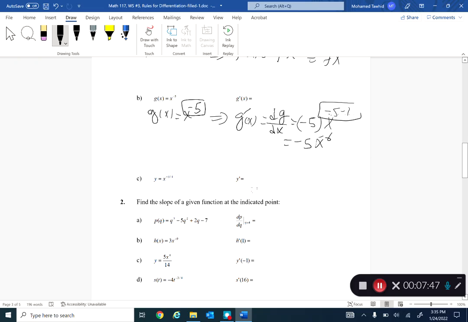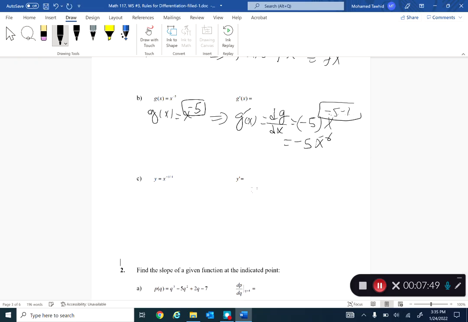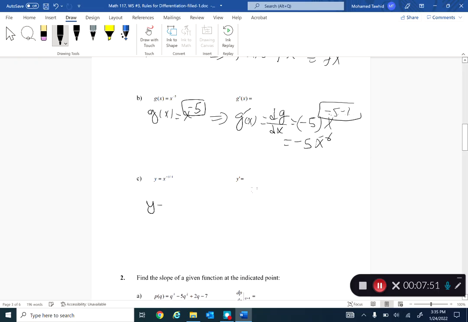Then I go for the second one here. You have your y equal x to the power negative 3 over 4. If I need to take the derivative of this, what is your n? Your n here is negative 3 over 4. And here your y, what is your x? It will be x to the power negative 3 over 4 minus 1.